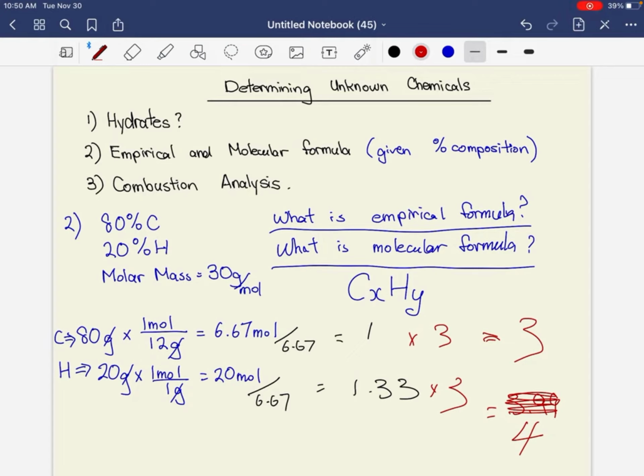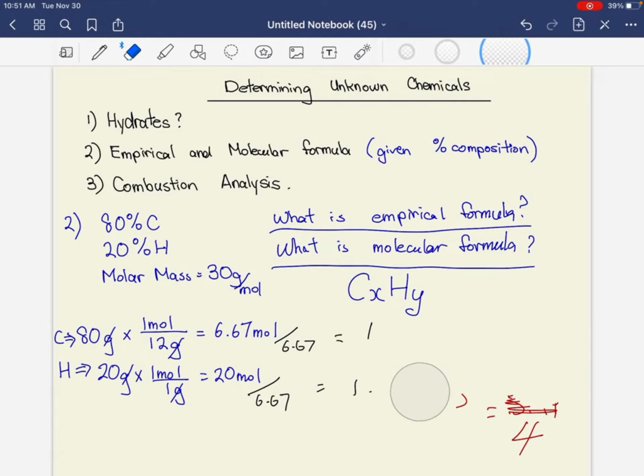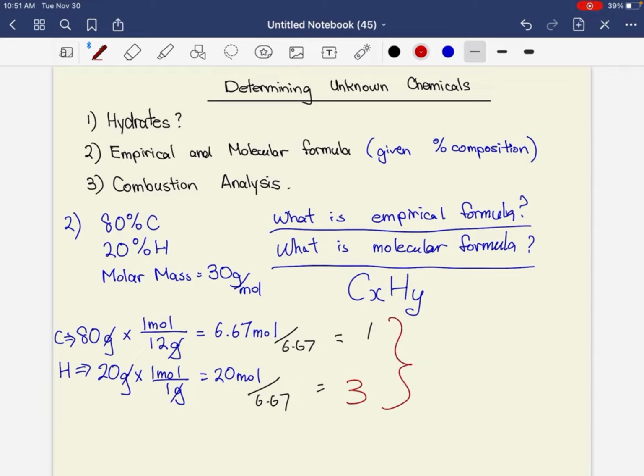Okay? So don't just round anything. Not anything. There's a little limit of tolerance or intolerance here. So let's go back to this question. Okay? So the ratio was 1 to 3, which means that the empirical formula here is basically C1H3.